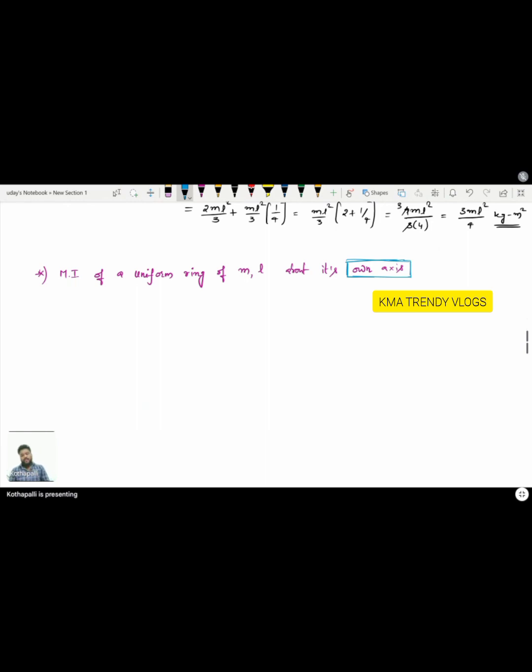Remember, in questions, or sometimes in statements, they will frame it like moment of inertia of a rod about its own axis, moment of inertia of a ring about its own axis, moment of inertia of a sphere about its own axis.